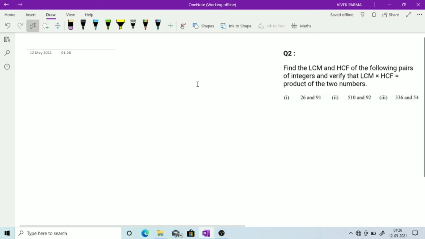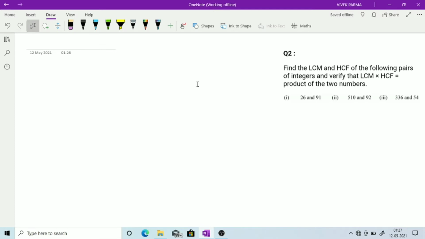So we have question number 2 on the screen. We have to find the LCM and HCF of the following pairs of integers, and we need to verify that the LCM into HCF equals the product of the two numbers.